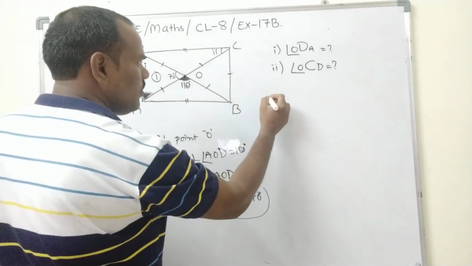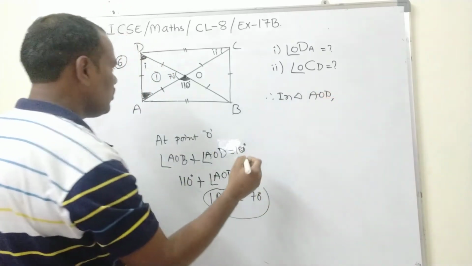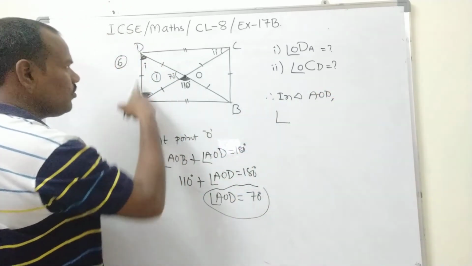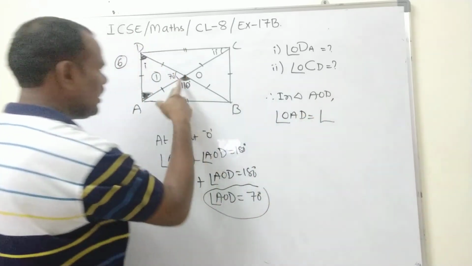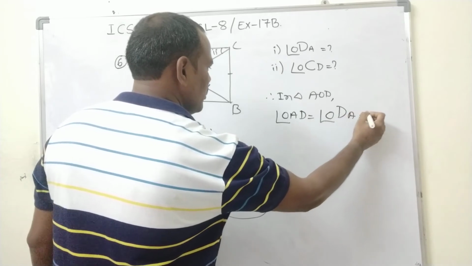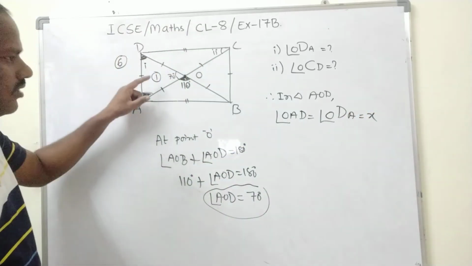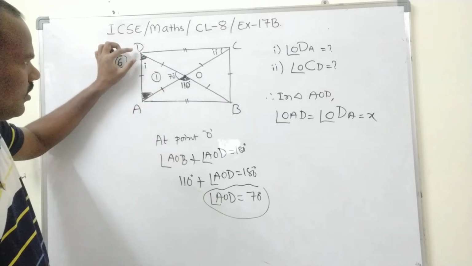So therefore, in triangle AOD, angle OAD is equal to angle ODA, equal to x, because opposite angles of an isosceles triangle's equal sides are equal.